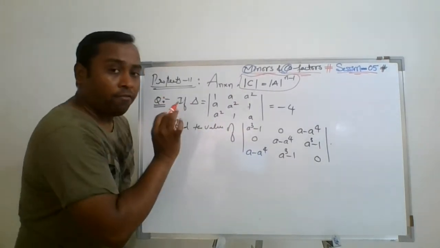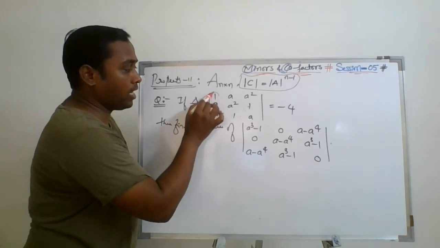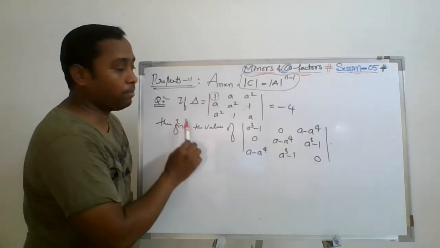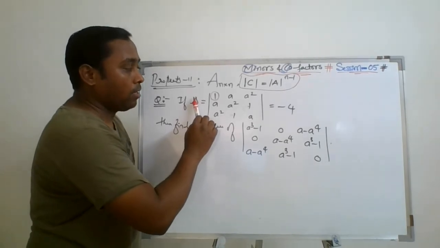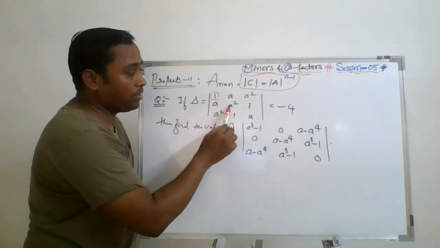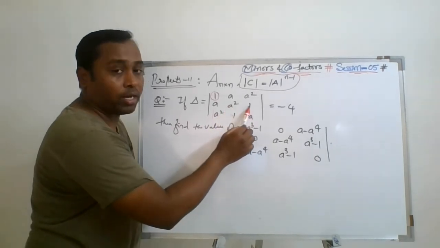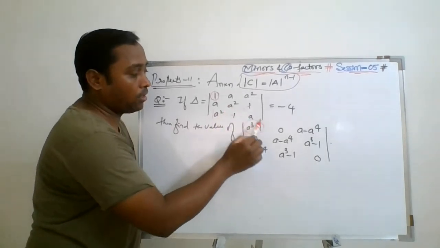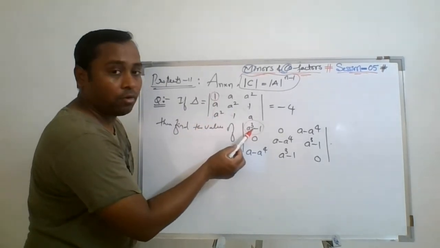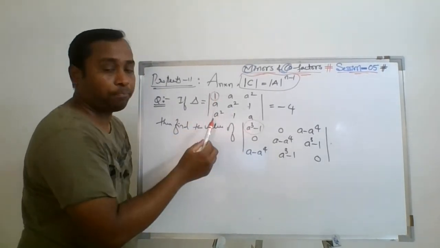Let's find the cofactor of one element. What is the cofactor of this element? Simply by eliminating this row and column, we get a cube minus 1. So this is the cofactor here, a cube minus 1. Basically, this value is the cofactor of 1.